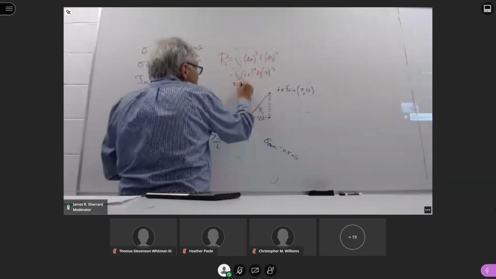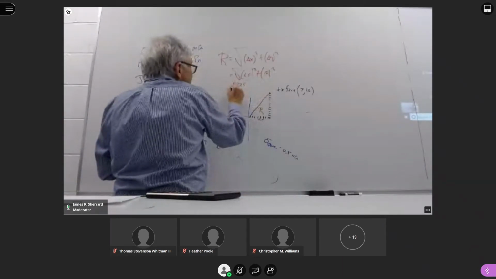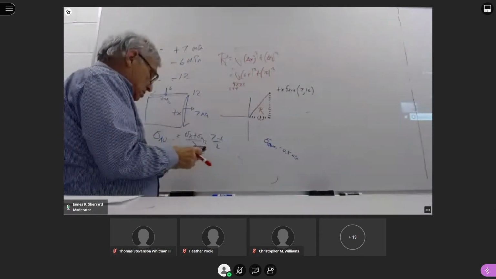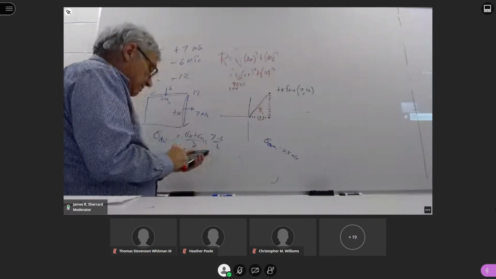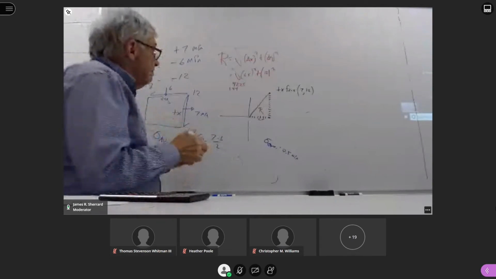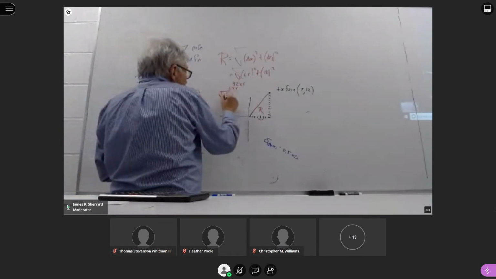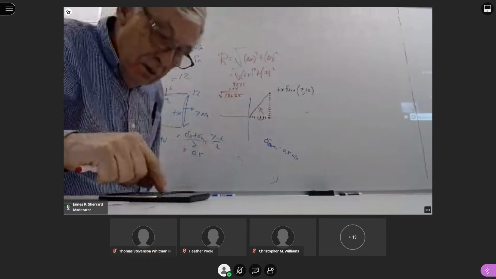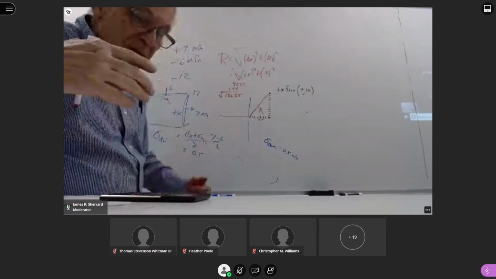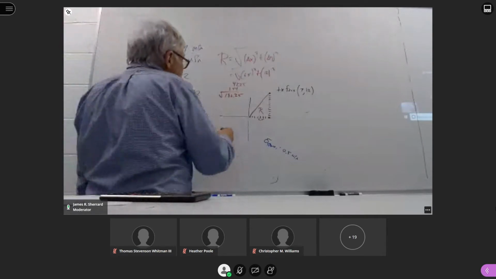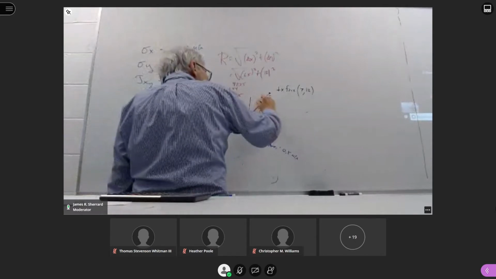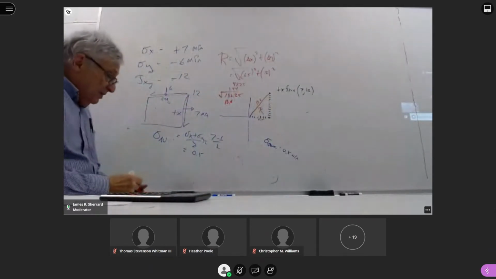So this is 42.25 plus 144. So it's going to be the square root of 186.25, which is, let's just make this 13.6. So this side is 13.6.